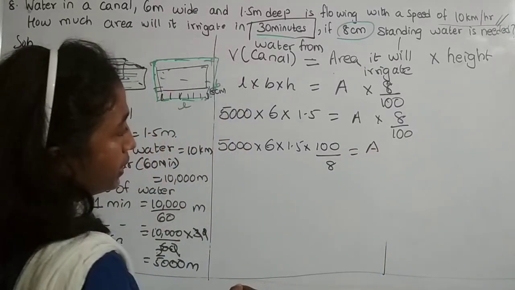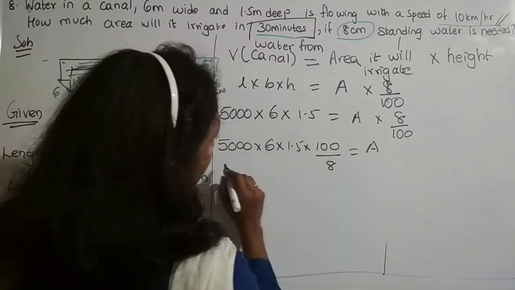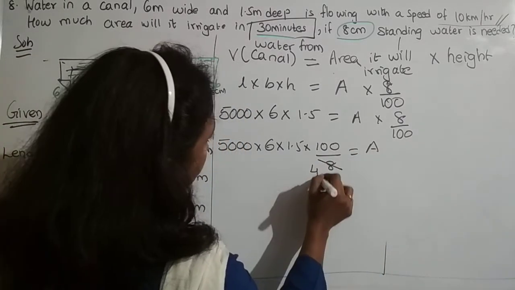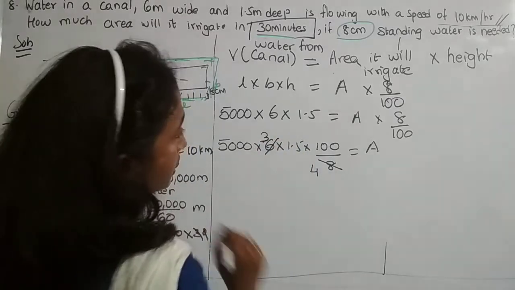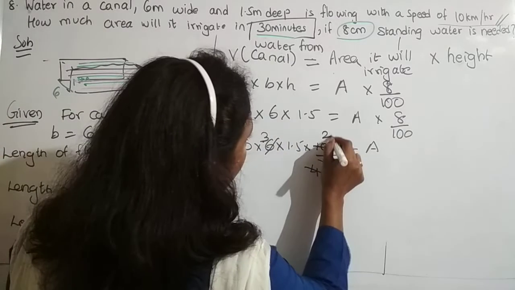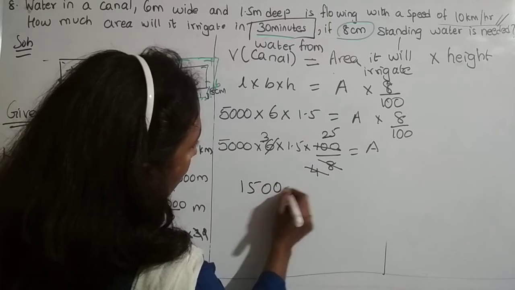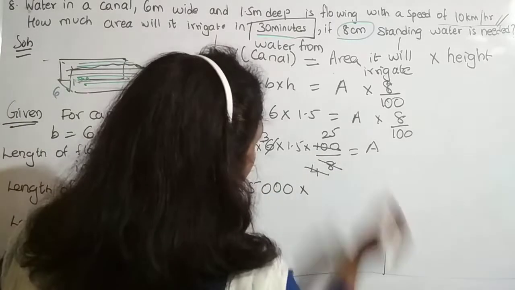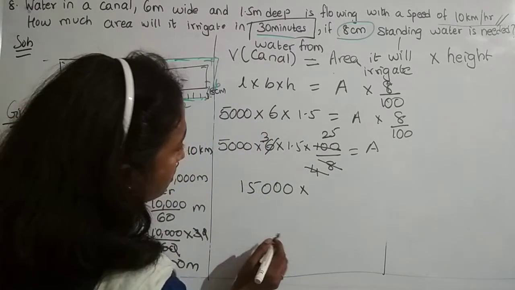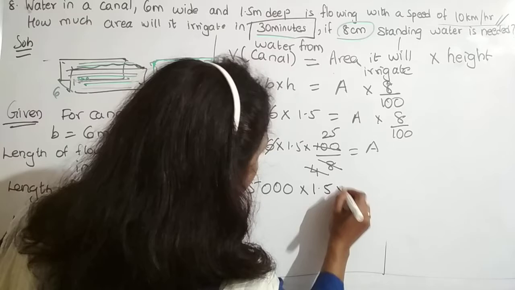So let's cancel here. We have 2 4s are 8, 2 3s are 6. Here 4 into 25 will give you 100. So 5 3s are 15, so 15,000. Here we get 15 into 25. Okay, we'll just write like this: 25.